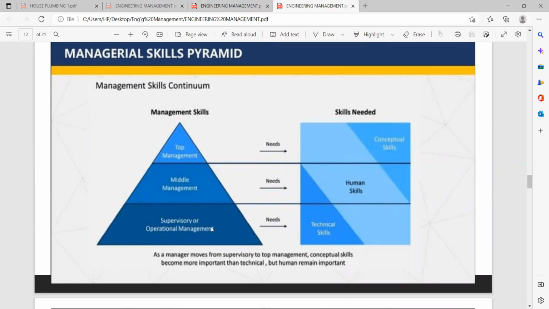Sa ating first line, or sa ating supervisory or operational management, technical skills and human skills. So as a manager moves from supervisory to top management, conceptual skills become more important than technical, but human skills remain important. Okay, kasi it is talking to people eh.